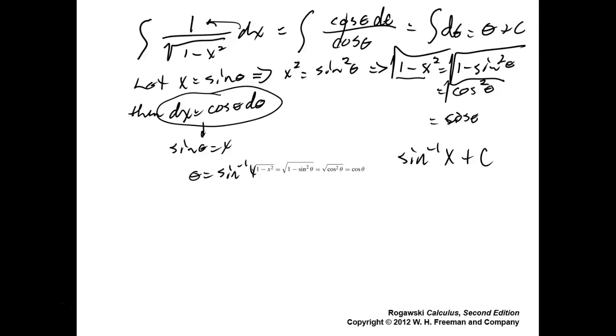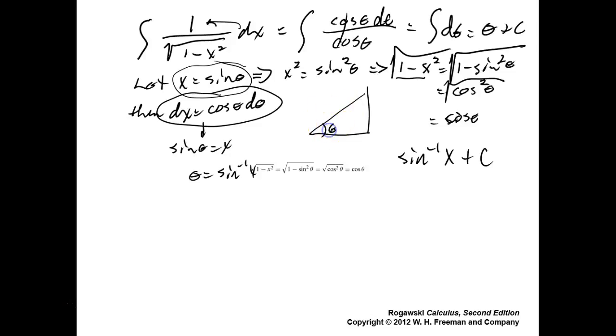Now, this one didn't need it, but sometimes, in fact, most of the time, I like to draw little pictures too. You probably have noticed that. As soon as you say x equals sine theta, okay, I would say draw a little right triangle. Okay, it doesn't have to be anything special.